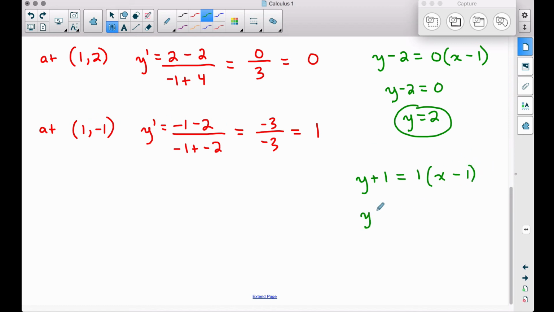Working all this out, getting y by itself, y plus 1 is equal to x minus 1, just doing a little bit of distributive property there. And then subtracting 1 to get y by itself, we have y equals x minus 2. These are our two tangent lines when x is equal to 1 on that curve.